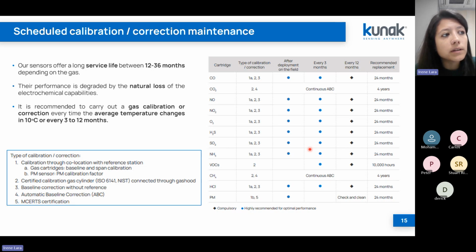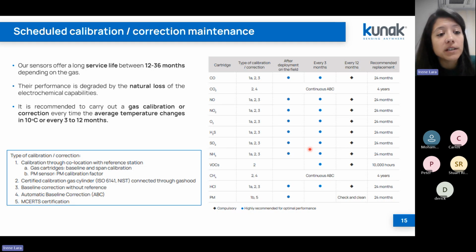Then it will depend on the level of accuracy that you will require for your application. If you need very accurate measurements, maybe you can calibrate the span once a year, and that will be fine. But in 3 months, there is no span decrease. So is it recommended to do a span calibration every 12 months?